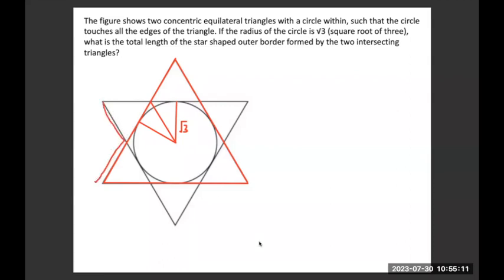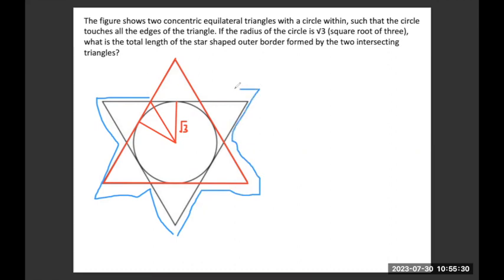Let me draw it with a different color. All you have to find is this border, which is formed by the intersection of the equilateral triangles. You have to find the perimeter of that star, basically the perimeter of the blue border.